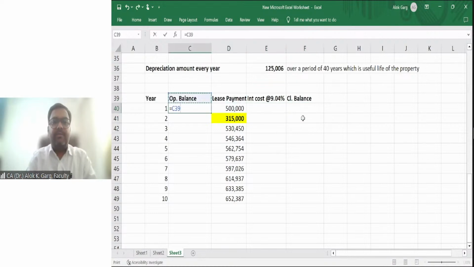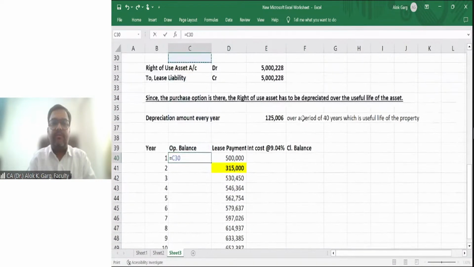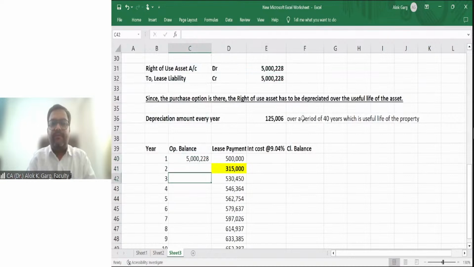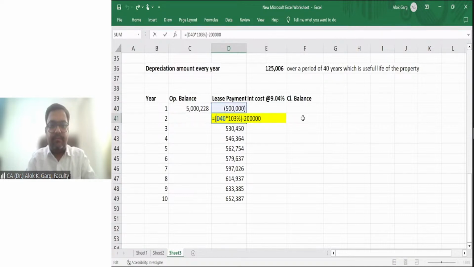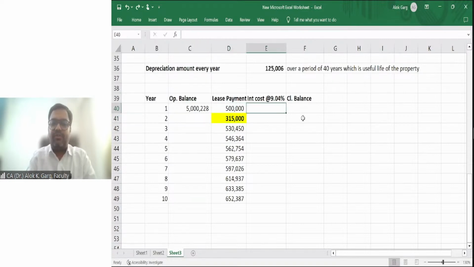What is my opening balance? My opening balance is 50 lakh. My lease payment is this 55 lakh. So instead of putting it as a negative number, I'll reduce that. What is my interest cost?